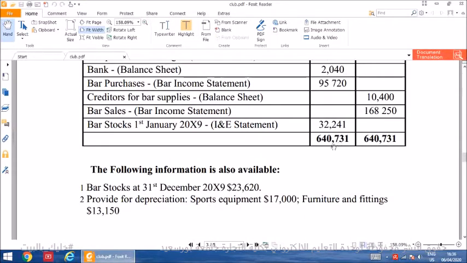So the total of the debit side, the debit column, 640,731. The following information is also available. Bar stocks at 31st of December 2009, 23,620, provided for depreciation, sports equipment and furniture and fittings.